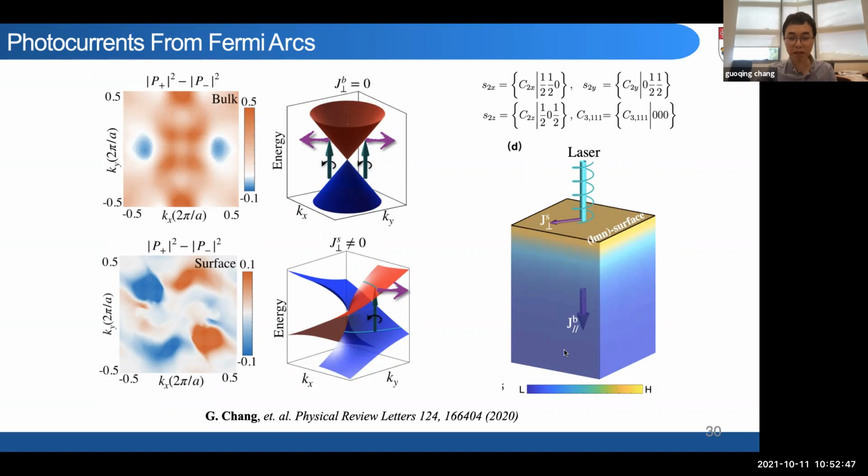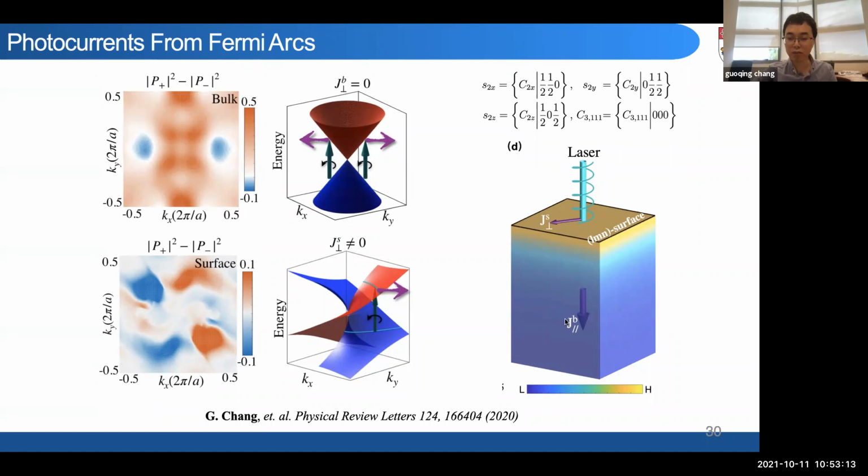So this allows us to measure the surface and bulk photocurrents separately. This is very important because the surface photocurrents are only due to the states on the boundary, right? So the atoms there are very few. However, if the bulk material is very thick, inside there will be thousands of atoms.